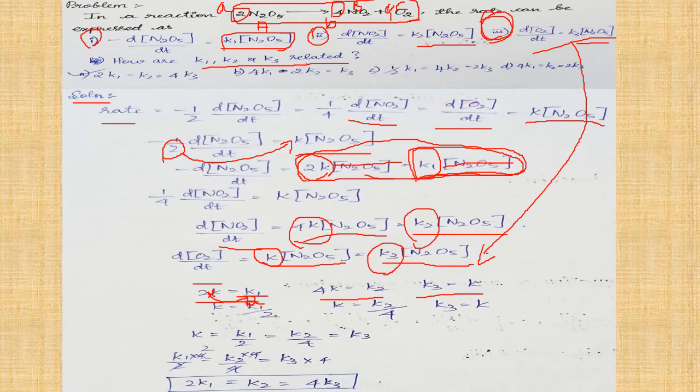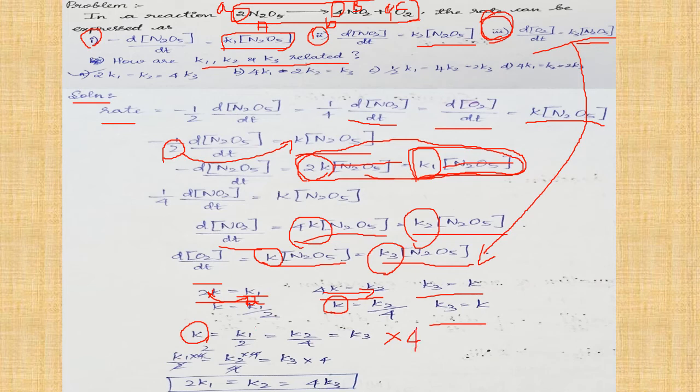Then 4K is equal to K2, this 4 goes down, and we get K is equal to K2 by 4. And K3 is equal to K. So by equating this, we have K in common. So we have to put K1 by 2, K2 by 4 is equal to K3. We are multiplying it by 4 to remove the denominator.